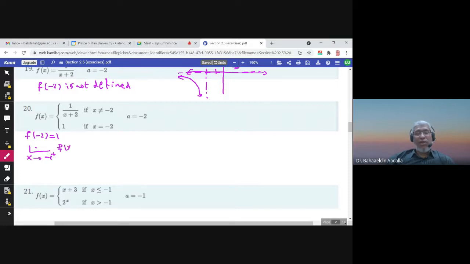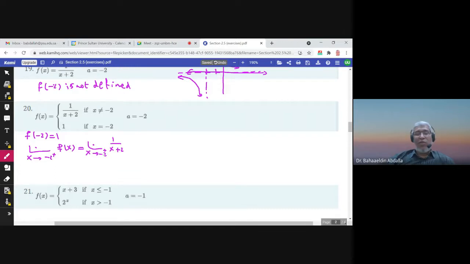From the right or from the left, you will always use this definition, 1 over x plus 2. But we need to find it from the right or from the left, because it would be 1 over 0, and it could be positive infinity or negative infinity.